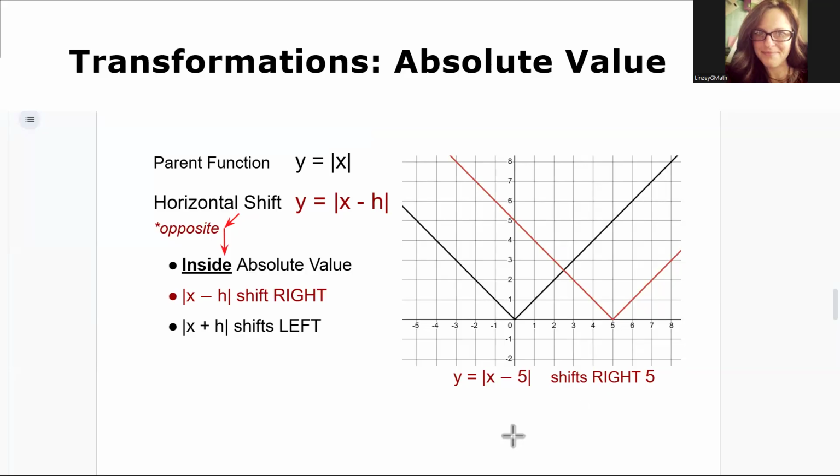This graph, the absolute value of x minus 5, shifted our original graph to the right 5. Notice the x minus 5 is inside the absolute value symbols. x minus 5 inside the absolute value symbols shifts to the right.